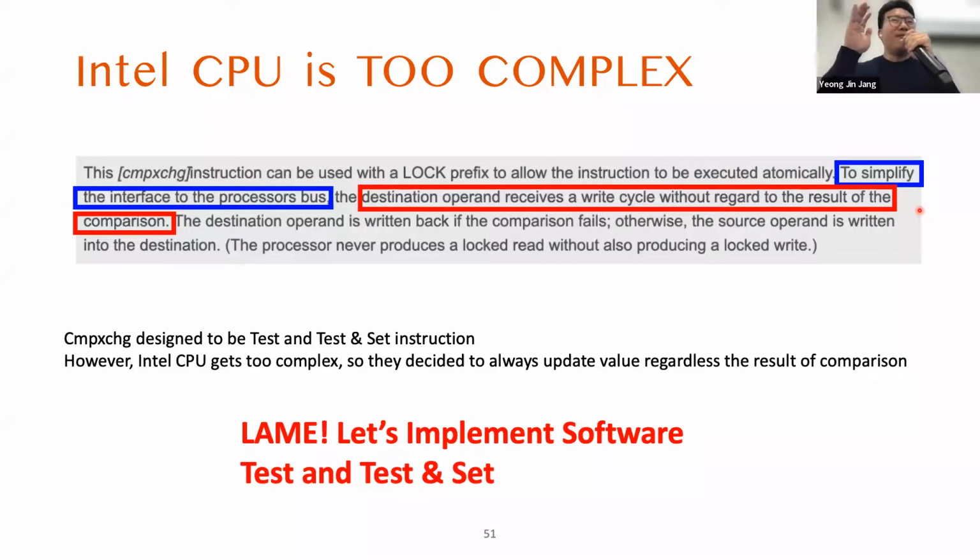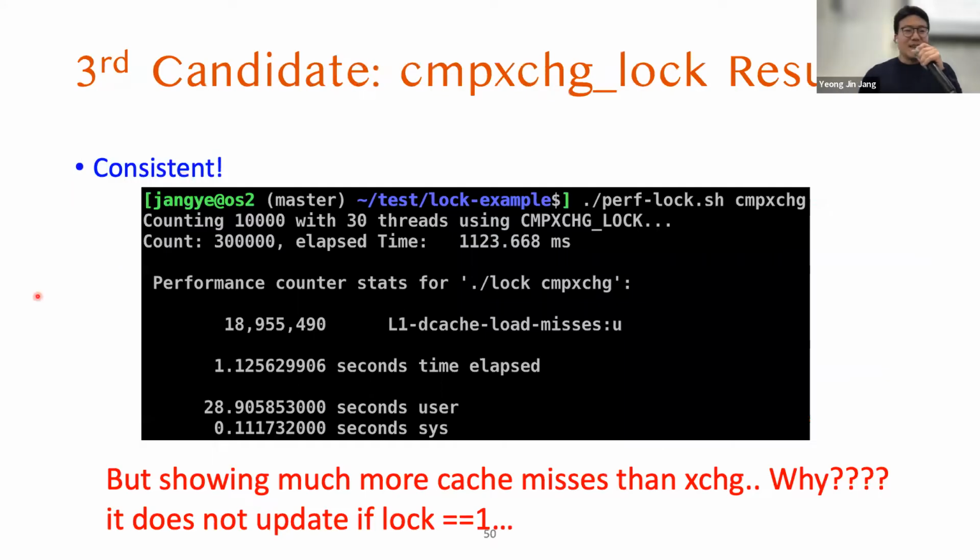By definition of test and set, it needs to update the value only when the test is passed. But due to the easier implementation of the processor bus, the Intel CPUs are not designed in that way. They completely ignore the test, and compare exchange works as a plain exchange. So that's why these cache misses are not removed or resolved at all.